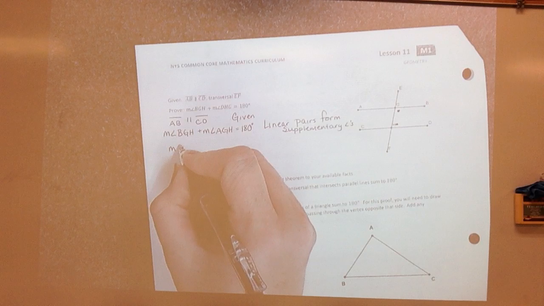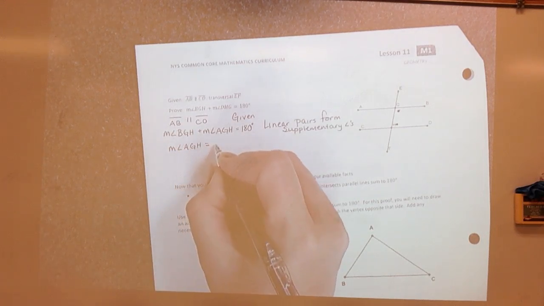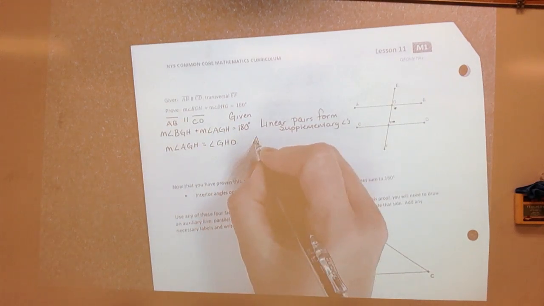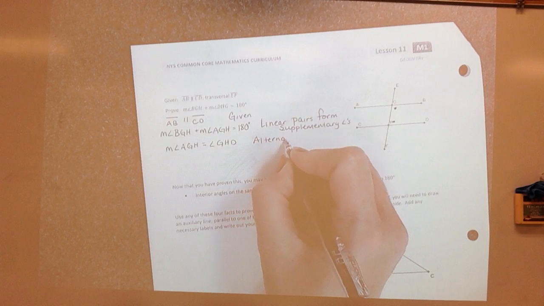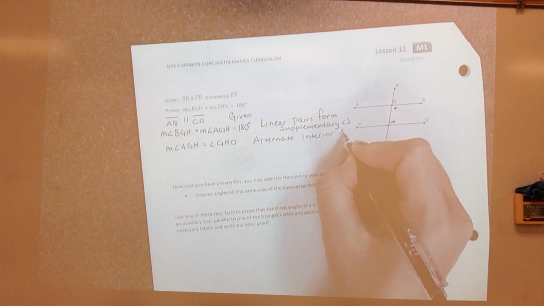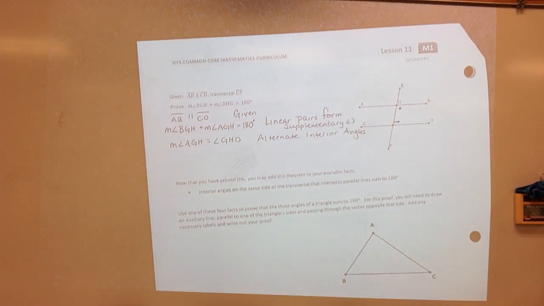So I know that the measure of angle AGH is equal to the measure of angle GHD because alternate interior angles are congruent. And normally we would write out a big long statement: if two parallel lines are cut by a transversal, then alternate interior angles are equal in measure.